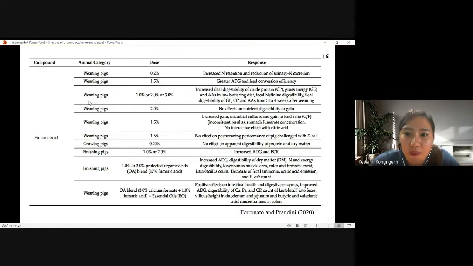And when we use 1, 2, or 3% in the weaning pig, it increases apparent digestibility of crude protein, gross energy, and amino acids. And when we use 1.5% in the weaning pig, it increases gut microbial culture and gain to feed ratio. But it does not affect post-weaning performance of pigs challenged with E. coli.